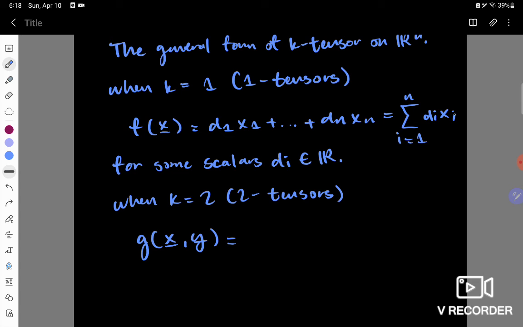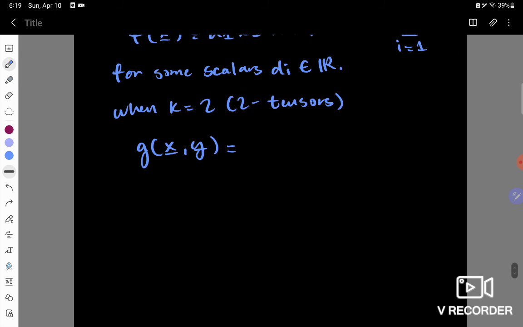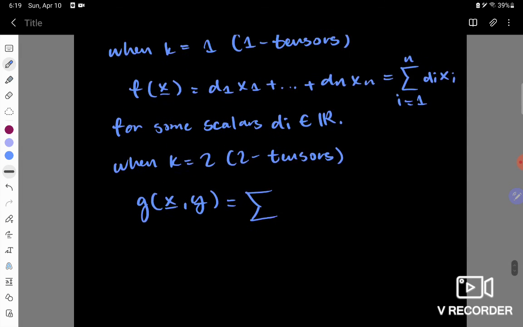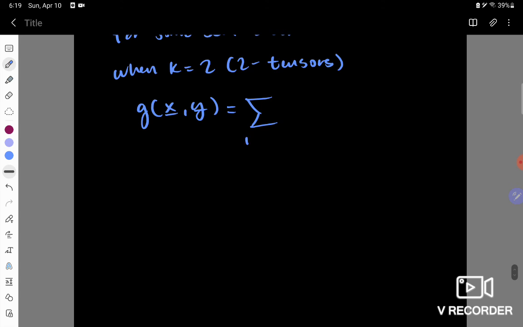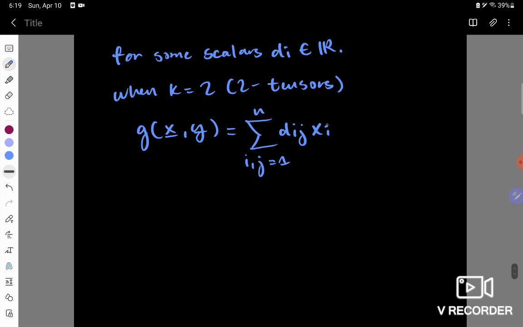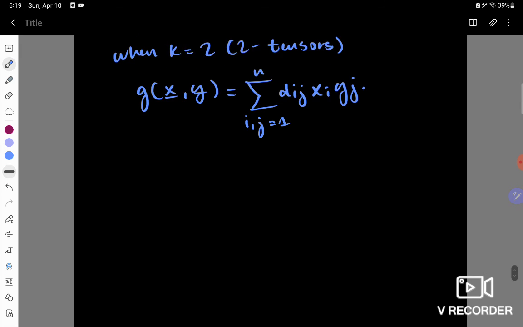And we're going to have x sub i just as one term, and we're going to have the sum go over another y vector. So now instead of this, we have the general 2 tensor form given by, that's not great sum notation, we have i, j being 2 indices equal 1, and they run to n both. d sub ij being these scalars, x sub i, y sub j. This is the general form of a 2 tensor.